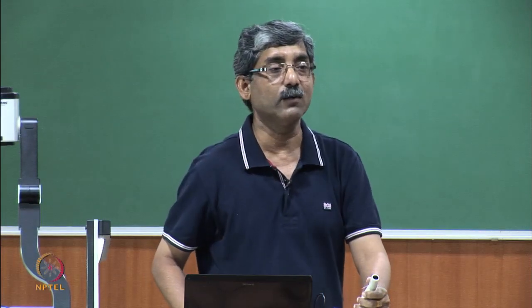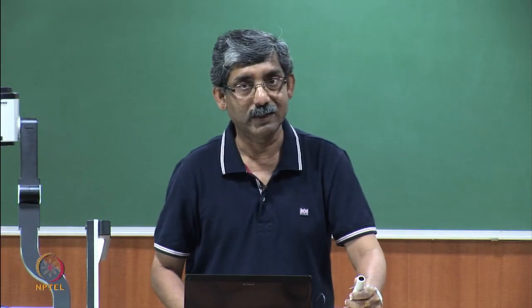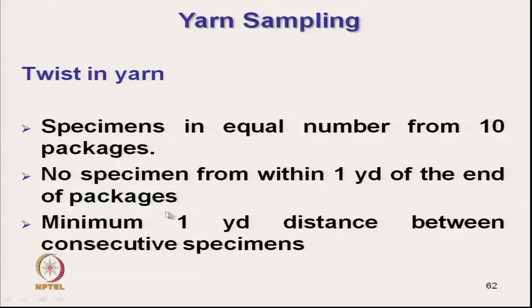So, no specimen we can take from within the 1 yard of length. Typically we also keep a minimum 1 yard distance between consecutive specimens. If we measure twist from one portion, then we have to remove at least 1 yard, then we can take the next.